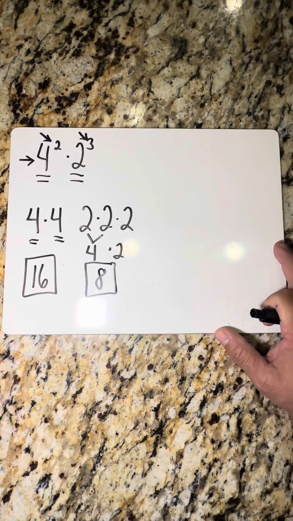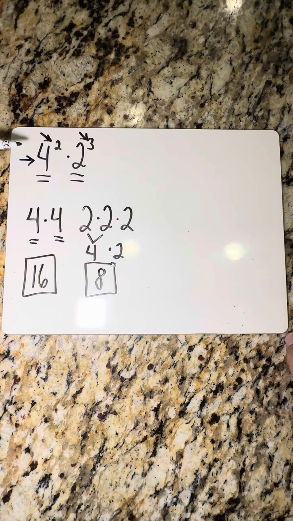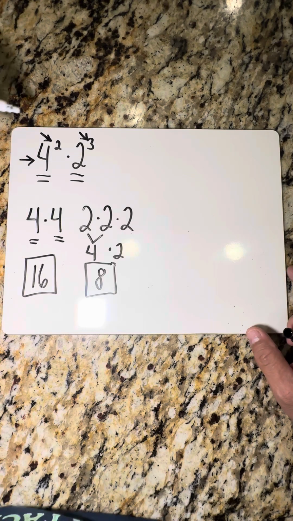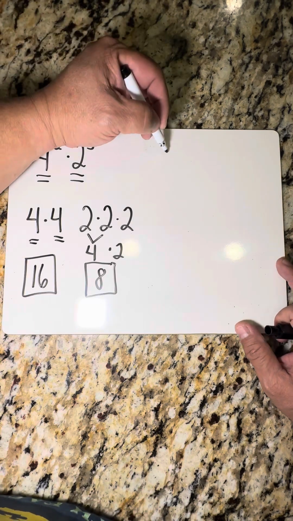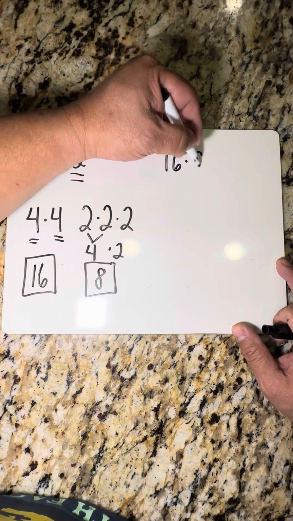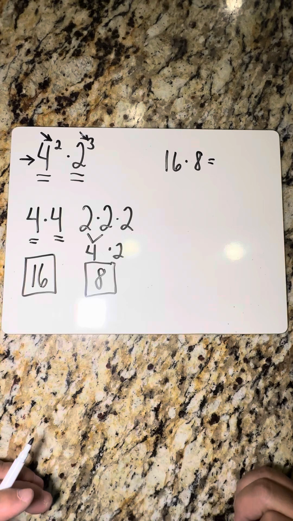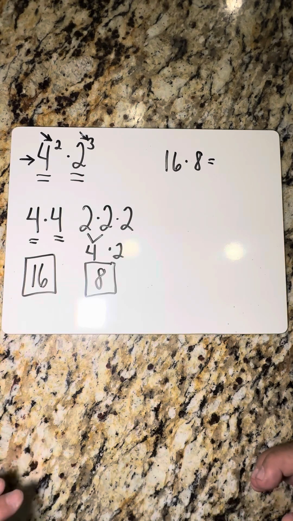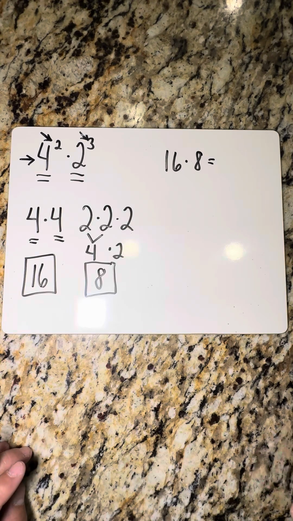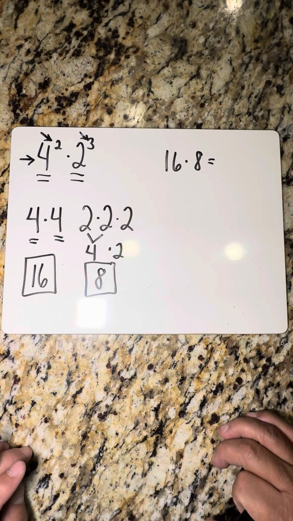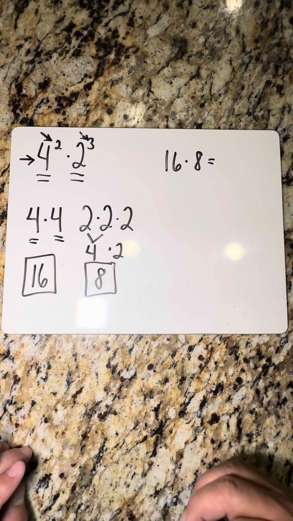So again, the value for the first exponent, 4 to the second power, is 16. The value for the second one, 2 to the third, is 8. So in reality, we are going to multiply 16 times 8. Instead of multiplying 4 to the second power times 2 to the third power, we simply multiply its converted value, 16 times 8.